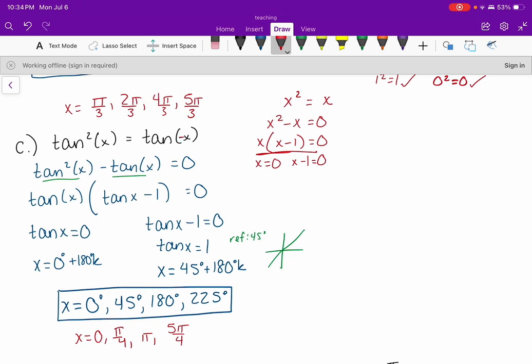Then you've got to use even odd identities to pull that negative out to the front. And then you would add it to the other side. So I can change these questions a good bit by not even really doing that much to change it. I can make this a sine squared x equals sine x. It's still the same process. It would have just been sine instead.